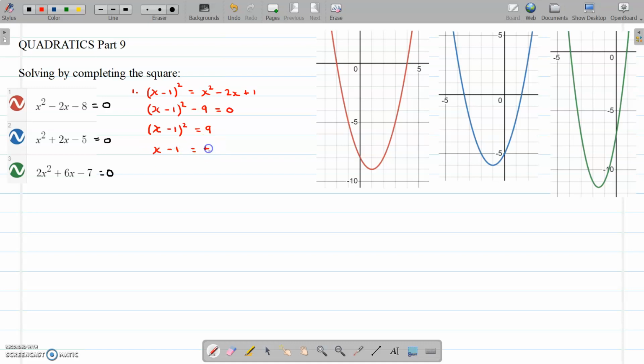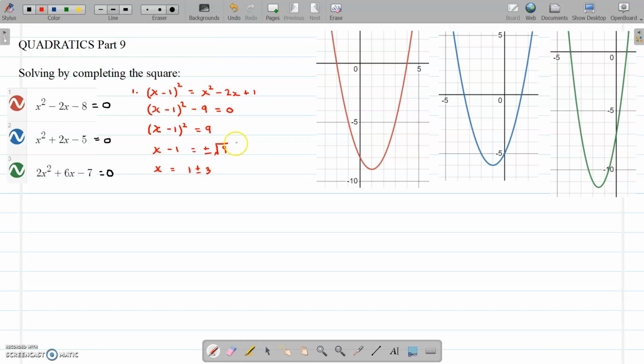But at this point we introduce the plus and minus, recognizing that there are positive and negative values that solve that. Then I'm going to add 1 to both sides to give me x equals 1 plus or minus root 9. Or I'm just going to write plus or minus 3.